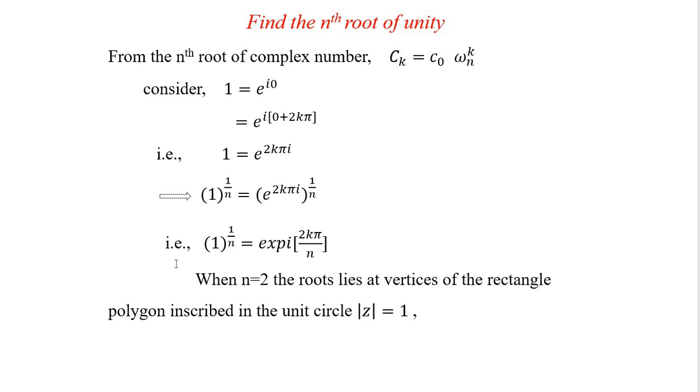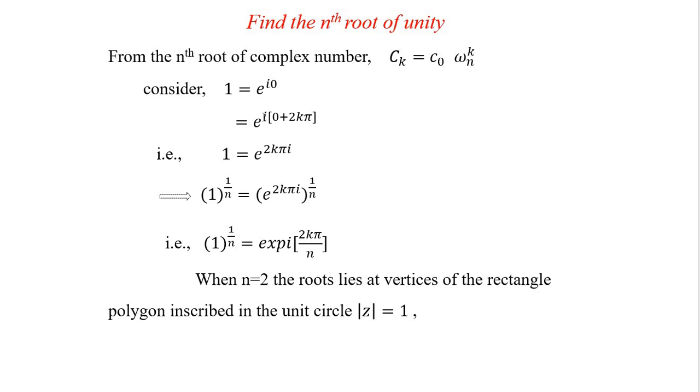Now we are going to find the nth root of unity, that is the nth root of 1. We know the nth root of any complex number ck equal to c0 into omega n to the power k. Now we can consider 1. So 1 can be written as e power i0.